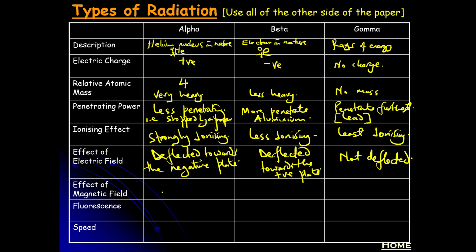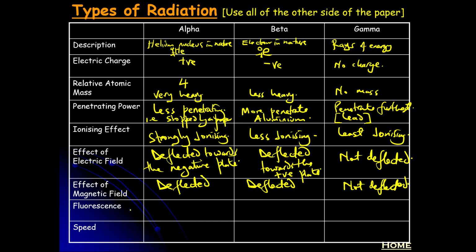Then in a magnetic field, alpha particles are deflected, beta particles are also deflected, and gamma rays are not deflected. Now, the directions of deflection of the alpha and the beta particles can be determined using Fleming's left-hand rule. We shall not look at that right now, but just know that these two particles, alpha and beta particles, are deflected in opposite directions.